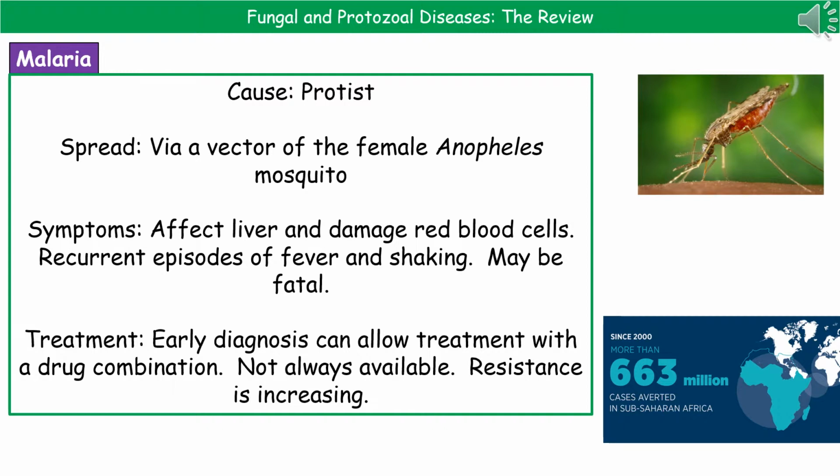So that's a big problem for the people who are likely to get malaria. And the other side of it is that, as with many drugs, we're seeing increasing levels of resistance amongst the protist population. But we can do something to actually prevent malaria becoming too much of a problem, because we can take certain steps to help prevent this.